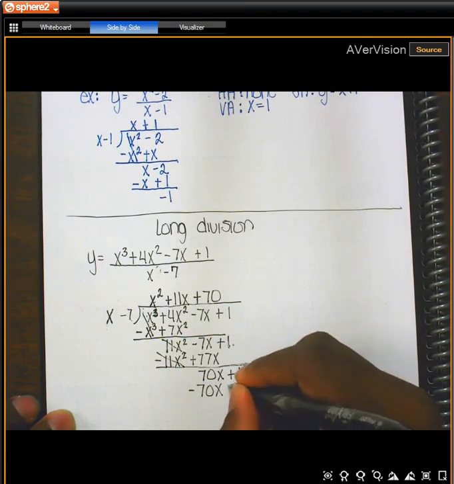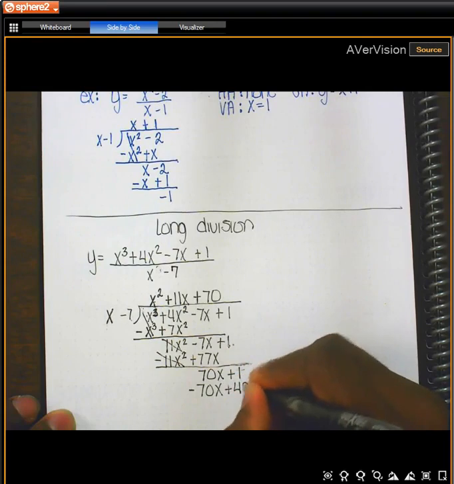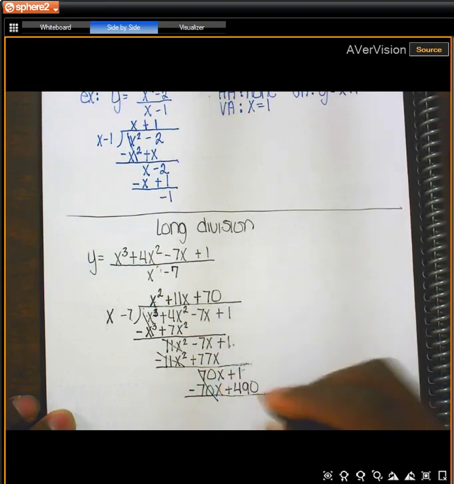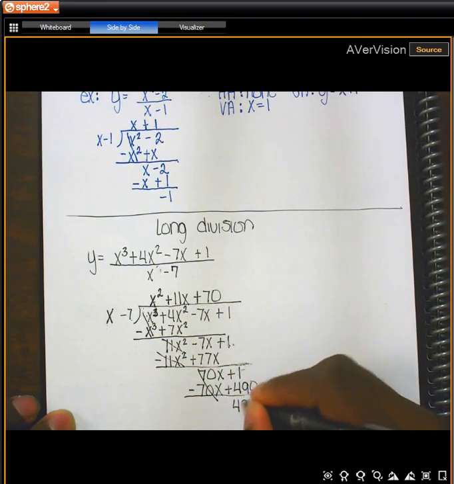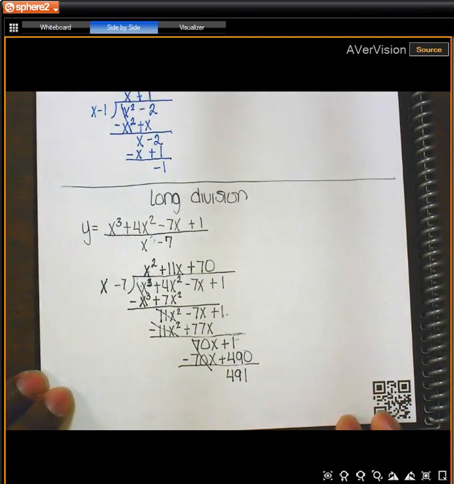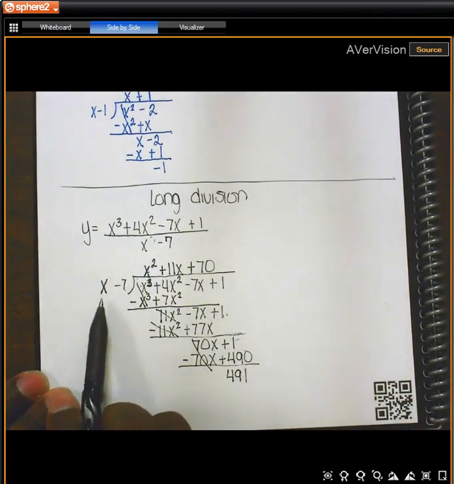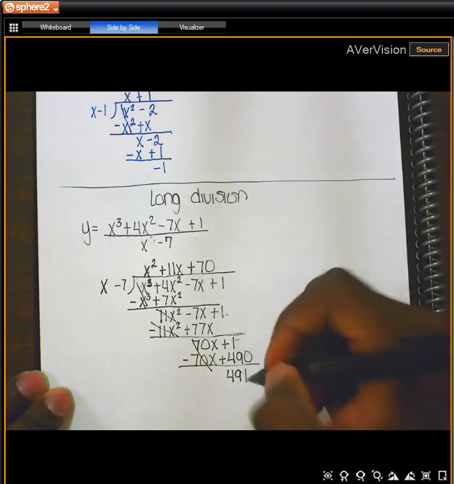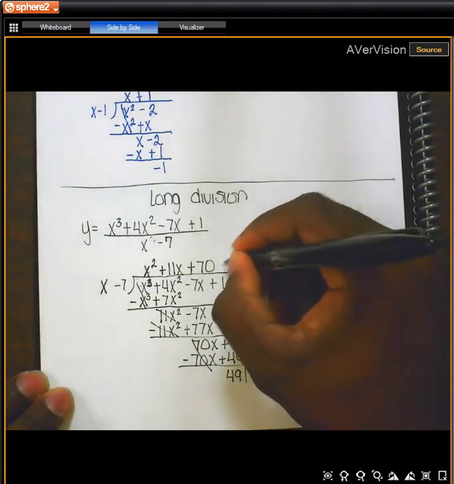Negative 490, so we put positive 490. Is there anything we can multiply to x to get 491? No, so that means 491 is a remainder.